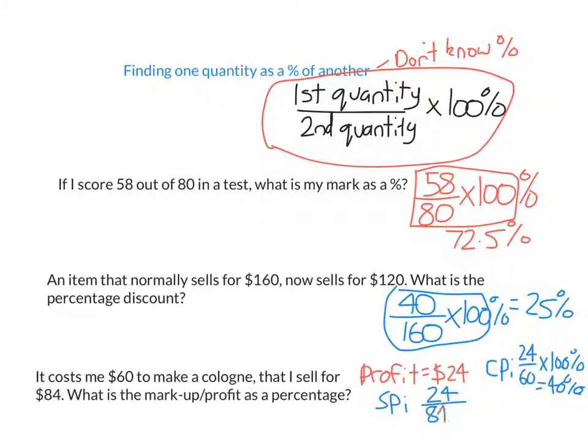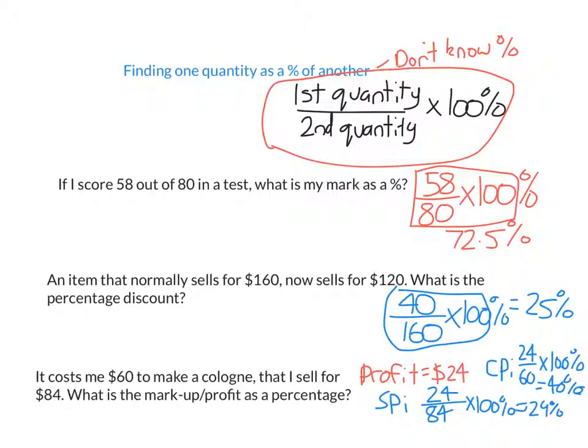The cost price is what it costs me to make or buy it, and the selling price is what the customer pays for it, what you actually sell it for. So to do that, it's going to be 24 divided by 84, first quantity divided by second quantity, times 100%. If you put that on your calculator, to the nearest whole number, it's about 29%. So the markup is about 40% of the cost price and 29% of the selling price.